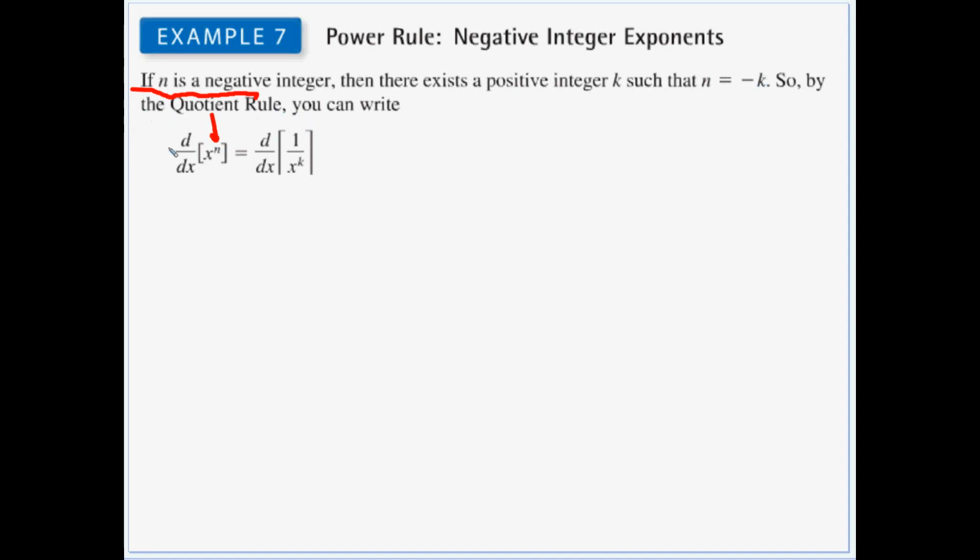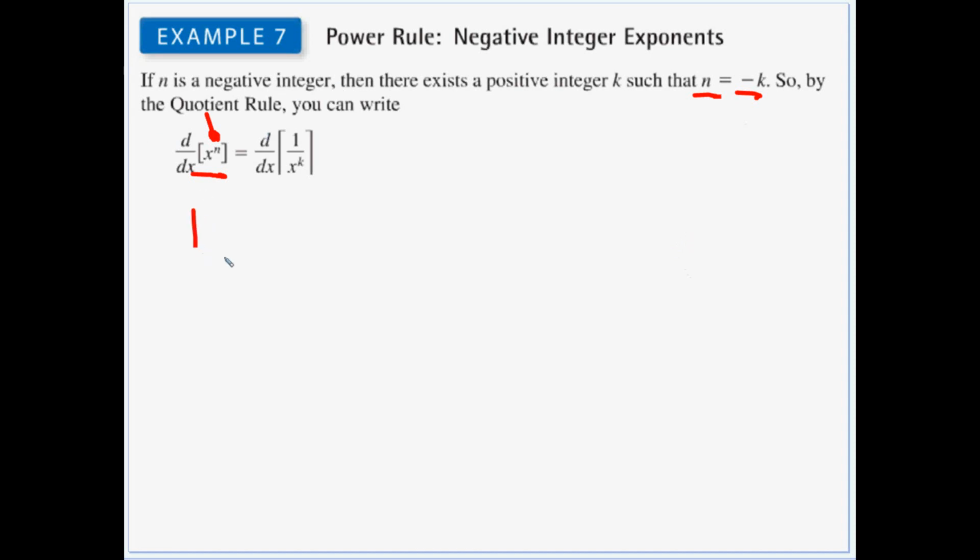So by the quotient rule, we could write this. Derivative of x to the n, d dx, 1 over x to the k power. So all we did was just rewrite this. This was x to some negative exponent, and we rewrote it as 1 over x to the k power, where that n we just replaced with a negative k. Now watch how slick this is.